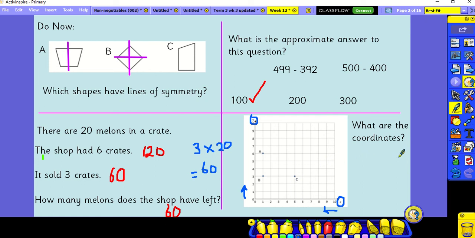So C equals 5, 3. B equals 1, 3, and A equals 1, 6. If I was going to make a rectangle by plotting point D, D would go here and D would be 5, 6. Okay, well done if you got those answers right. I didn't ask you about a rectangle. I was just telling you.